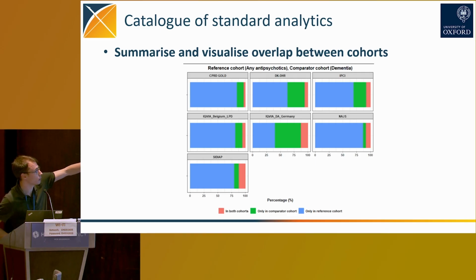Basically, most of the people were only in the reference cohort, antipsychotics, so there were more people there. There was an overlap, and this depended on the different databases. We saw different patterns. But that's what you can see, and you can analyze the overlap between different cohorts.